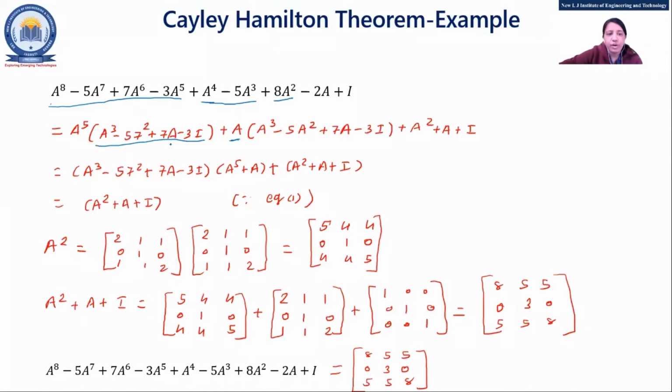But we want what? 7A. Listen carefully. We want 7A. So what I'll do? I will divide this 8A square into 7A square plus A square. So 7A square I'll take in this equation to take common. And 1A square remaining, that I have written here. Fine.